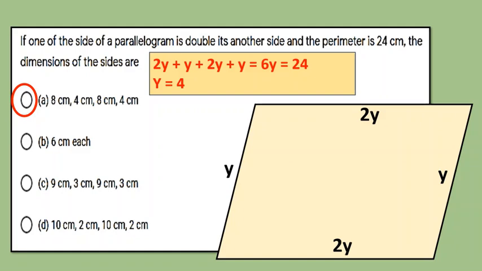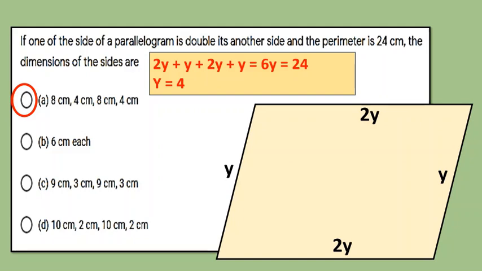One more, same type, but now the side is given, not the angle. One of the sides of the parallelogram is double its other side. So if I take one side as y, another side should be 2y. Now perimeter is given as 24: y plus 2y plus y plus 2y. Add it and you will get 6y, which is given as 24.